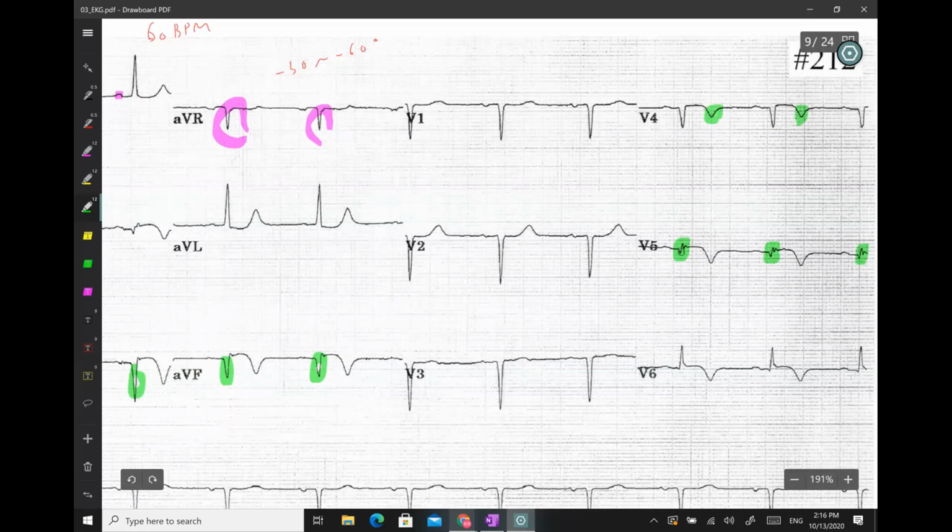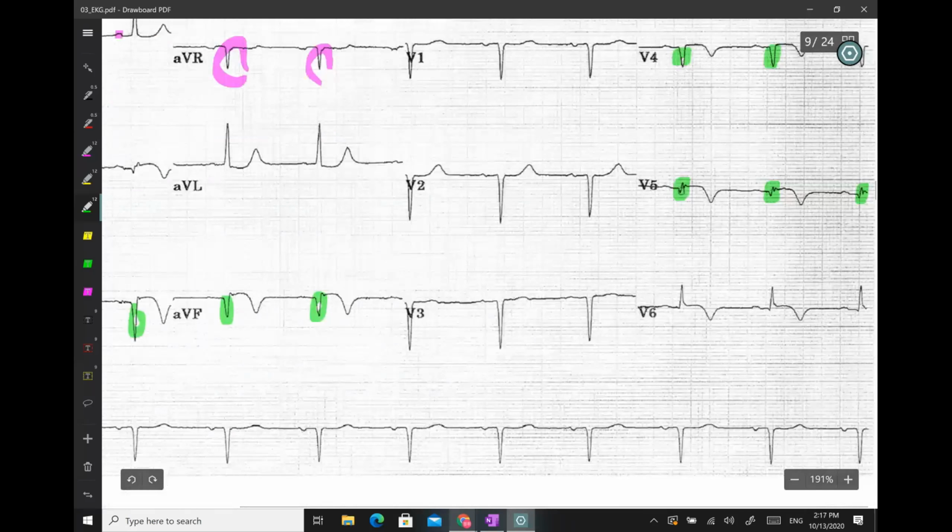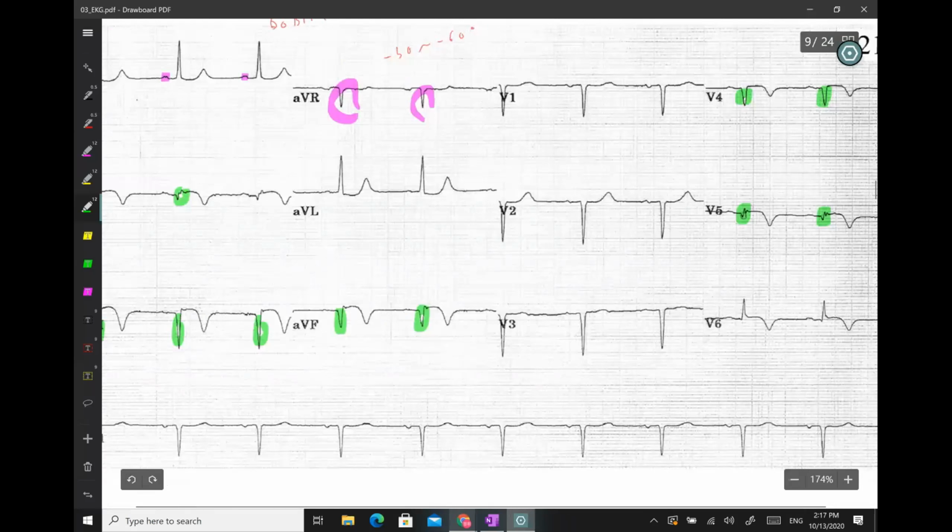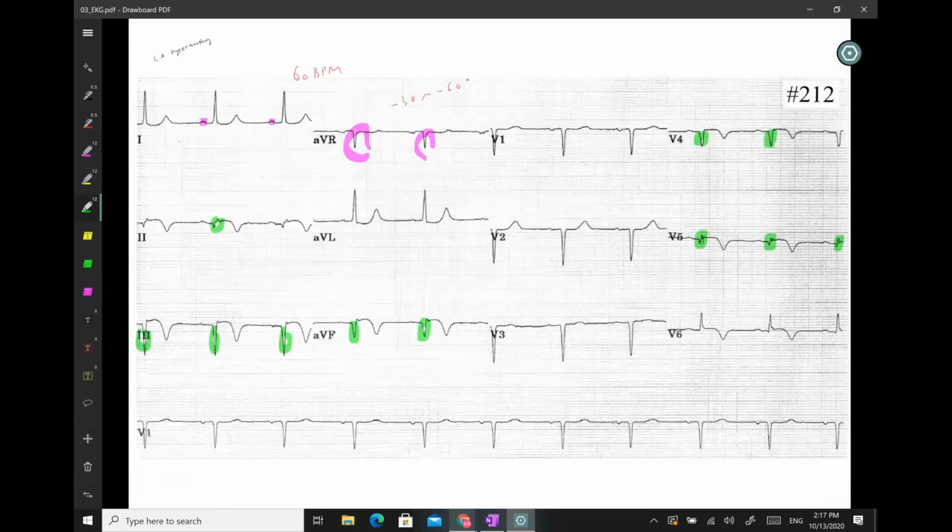Not the T. Now, so we do have pathological Q wave in the inferior leads and in the anterolateral leads.